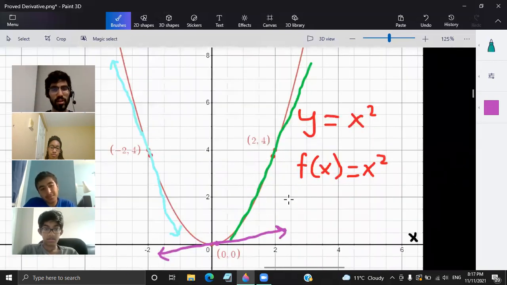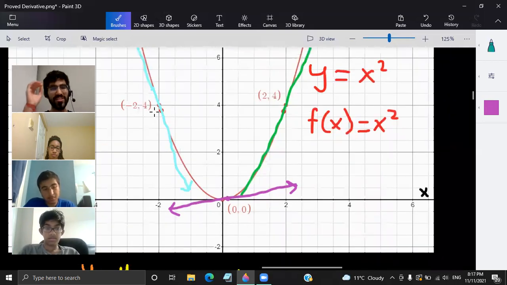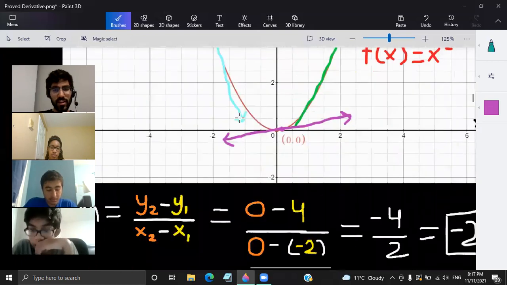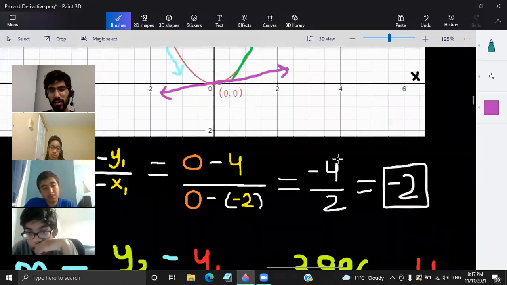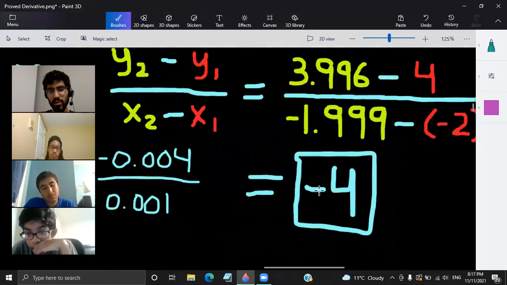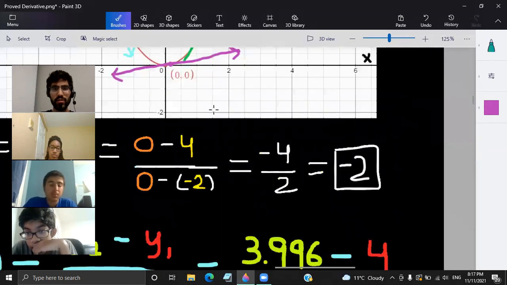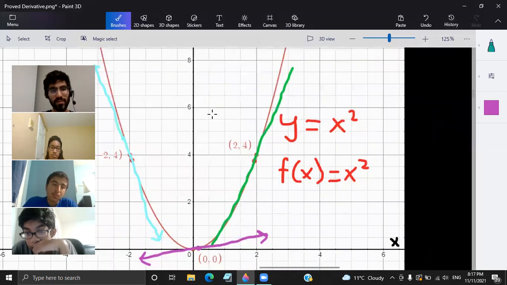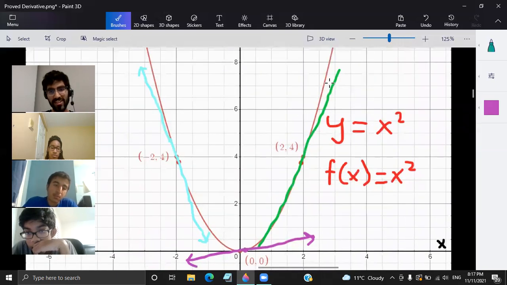So here's what I'm going to do. I'm going to say something that's a bit weird. When we calculated our derivative the first time, we got this value, negative 4. Now, can you look at this line and this line? They seem pretty similar, right? Except it seems like this one's going down, this one's going up.